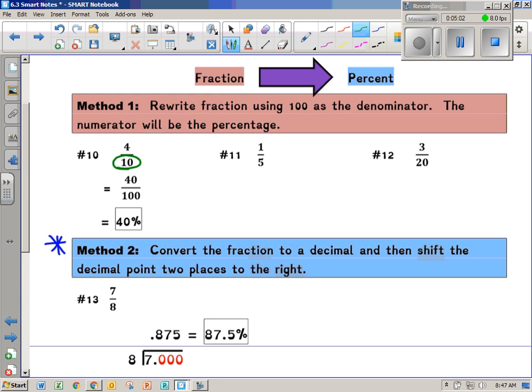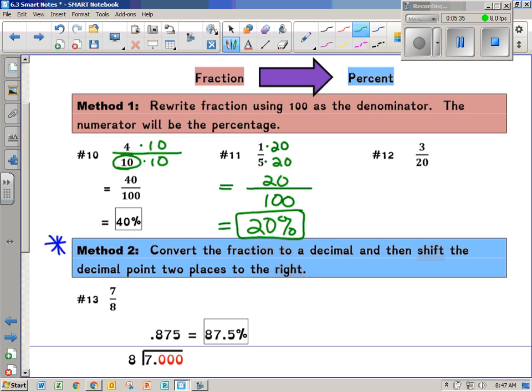If your denominator is a factor of 100, then just force it: multiply it by whatever is necessary to get 100, like in this case we multiplied by 10, and you also multiply the numerator by 10, then you'll get 40. So it's 40%. Here, if we multiplied the denominator by 20, we'd get 100, so multiply the numerator by 20 also, and that is 20%. Remember, percent means out of 100 or per 100.